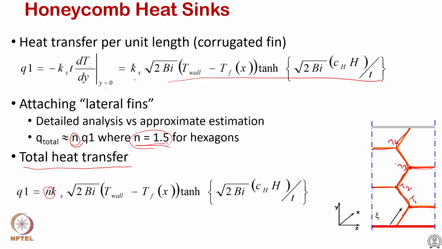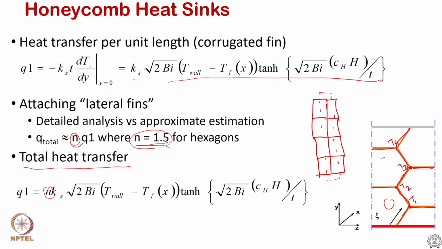So now you can think of this as a hexagonal duct array, but one can also do the same idea for a square array or a rectangle array and so on, where we consider this as one unit cell and so develop expressions.